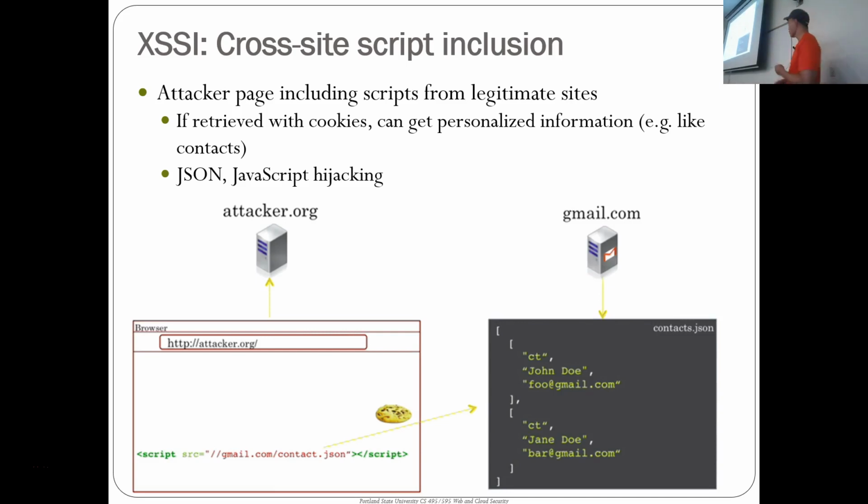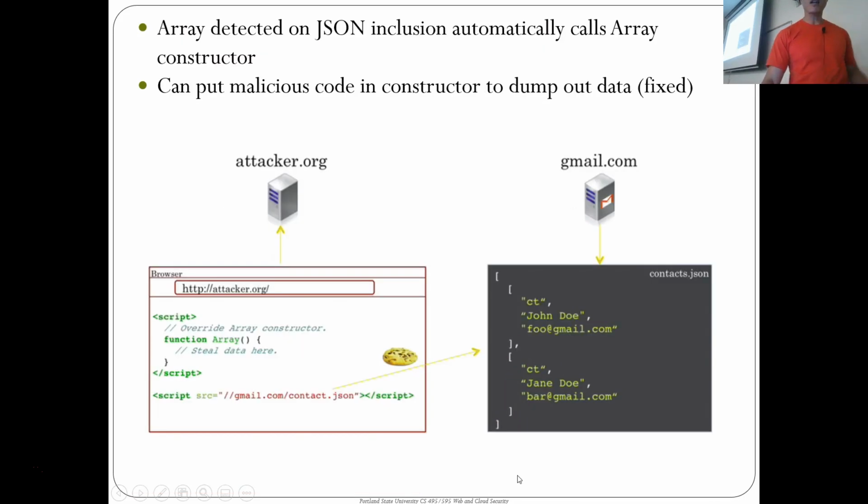Now the attacker still has to be able to pull this off of the page. You can see that this is a JSON object, and it's a JSON object that has a bunch of entries in an array. So as part of this attack, the other thing you would do is overload JavaScript's array constructor in order to actually steal the contacts from the page.